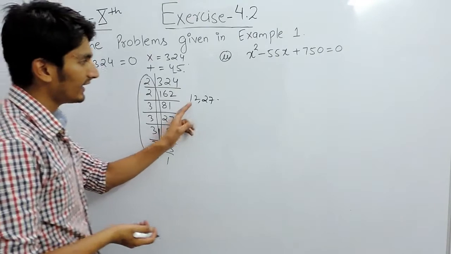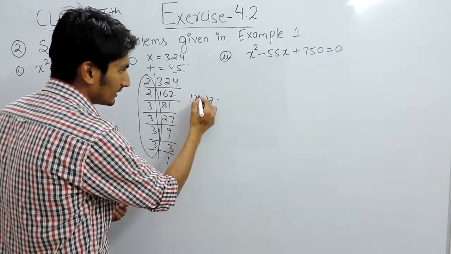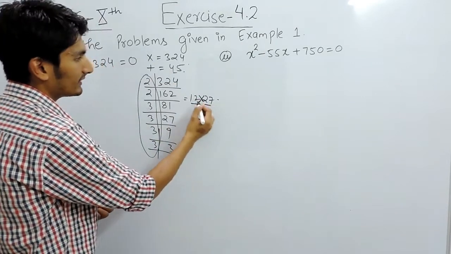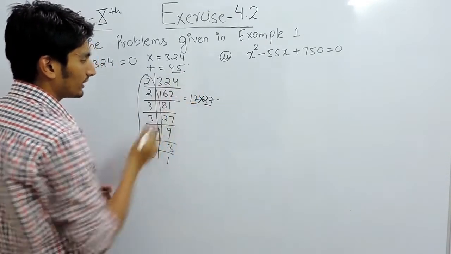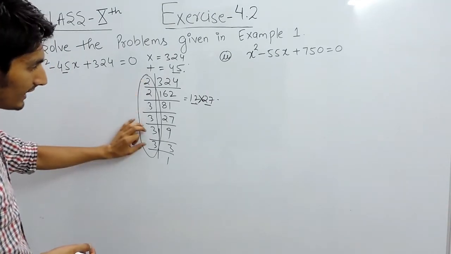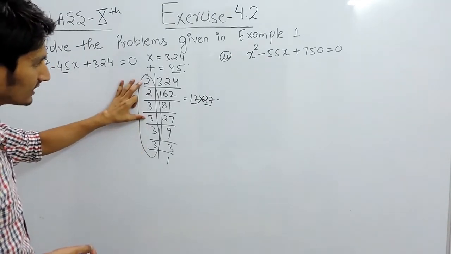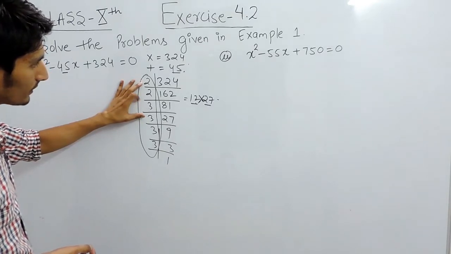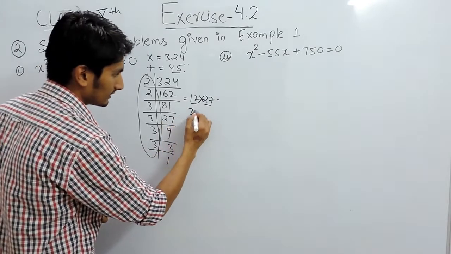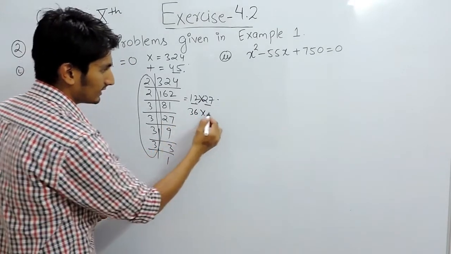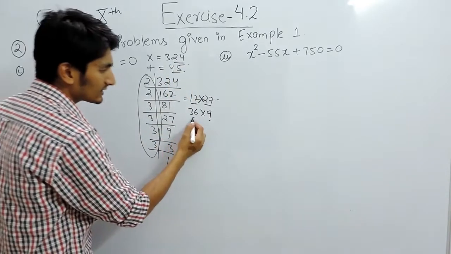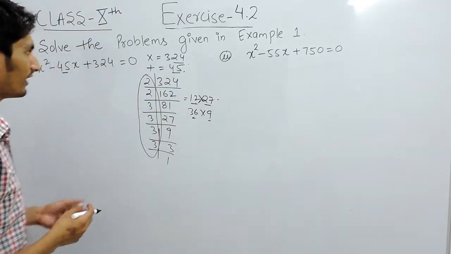So clearly 324 can be written as 12 into 27, but their sum is again not equal to 45. Now I am taking these 4 as one factor and the other as the second factor. So 2 into 2 is 4, 3s are 12, 3s are 36, and the other is 9. Clearly 36 into 9 is 324 and the sum of 36 and 9 is 45.